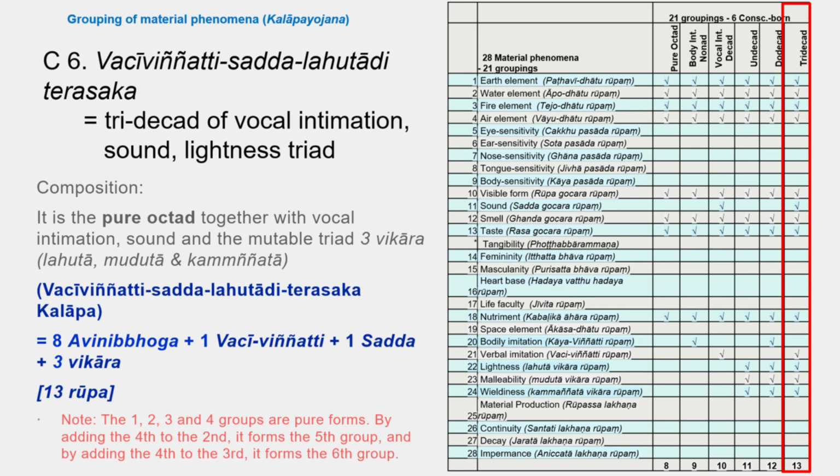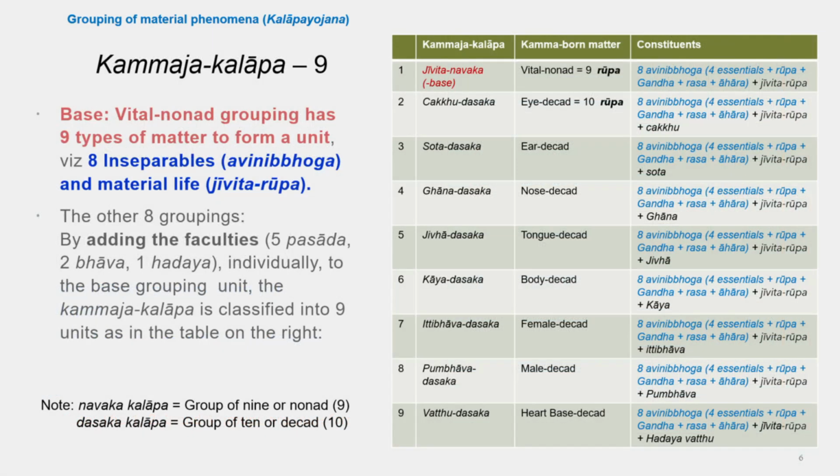Where your YMBA notes, I don't think they have this. So this is taken from somewhere, another resource. They say the 1, 2, 3, 4 groups are pure forms. So how do you get the extra ones? By adding the fourth group to the second group, 4 plus the second group, it forms the 5th group. Okay? And by adding the fourth and third group, it forms the 6th.